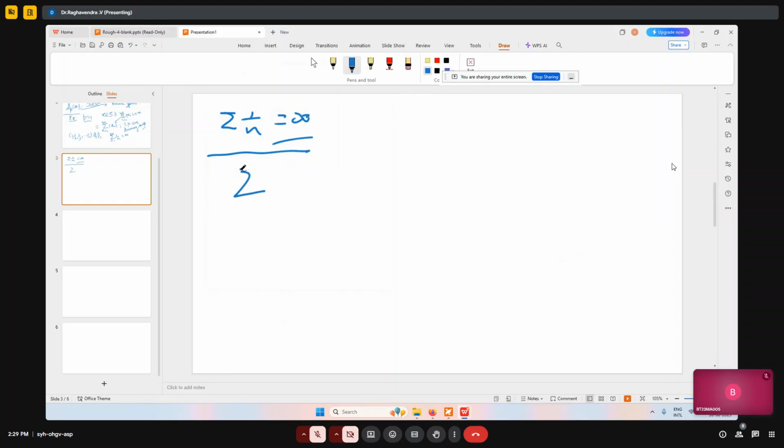What about summation 1 over n raised to p, 1 less than p less than infinity? Is this finite or infinite? This is finite, right?